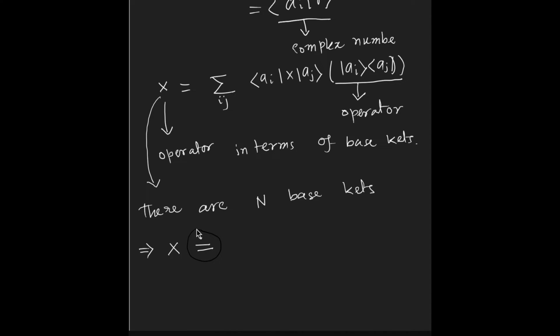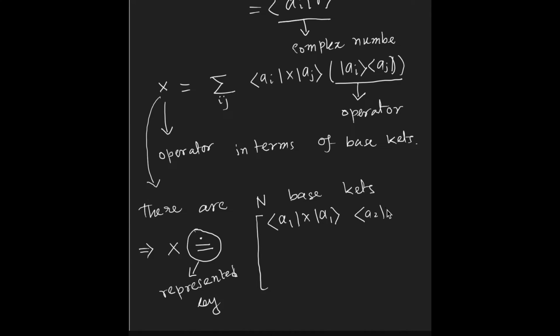This symbol means "is represented by". Then the operator can be represented by the matrix with entries <a1|X|a1>, <a1|X|a2>, and so on, up to <a2|X|a2>.